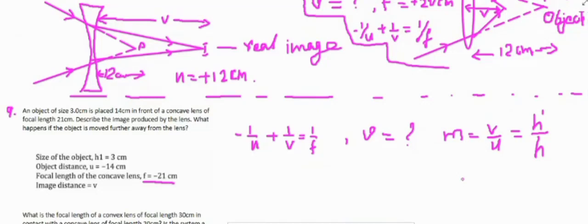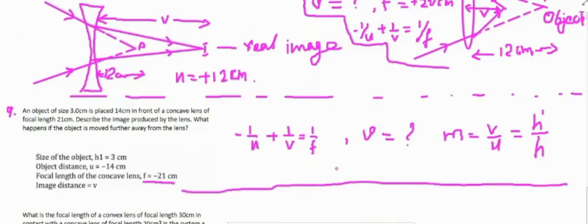This is a concave lens. A concave lens can form an image always between optic center and principal focus. If the object moves away from the lens, then the image moves towards principal focus. I repeat, the image moves towards principal focus.